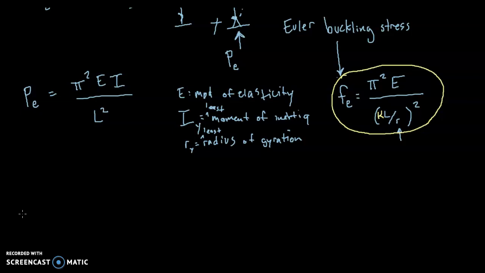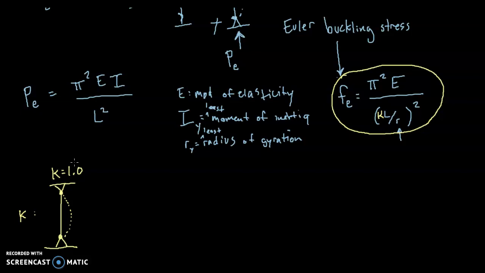And so what K does, if we are talking about a pinned column, which is most common, meaning that either end is free to rotate, and when it buckles, it will buckle in one curve, then the K value for this is 1.0.